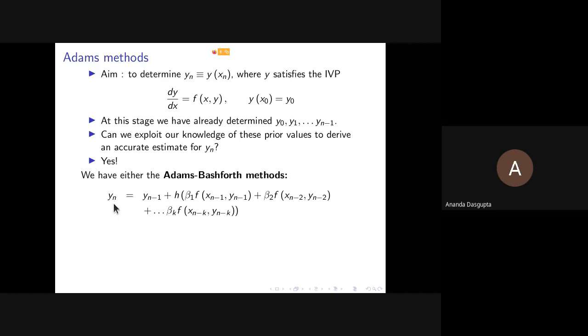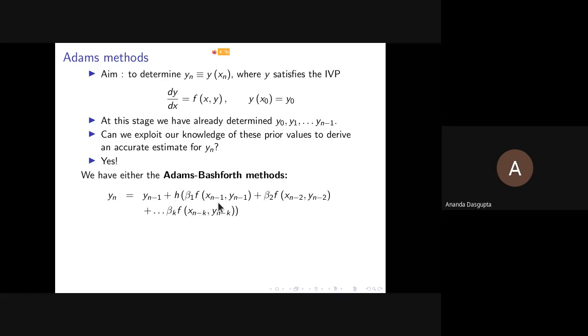It really says, remember, f is this function which calculates the derivative at x and y, right? Since you already know all these points, xn minus 1, yn minus 1, xn minus 2, yn minus 2, xn minus 3, yn minus 3, all these are known at this stage when you're calculating yn.